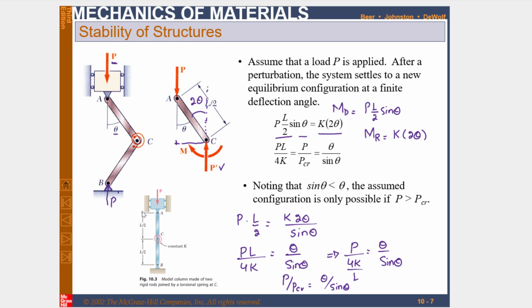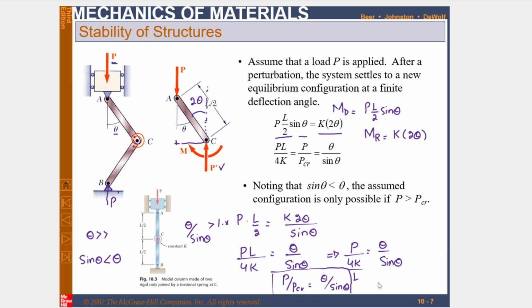Now when theta is finite or theta is greater, the sine of theta will be less than theta. It means that theta is greater and sine of theta is less. So the value on the right side of this equation will be greater than 1, like 1 point something.